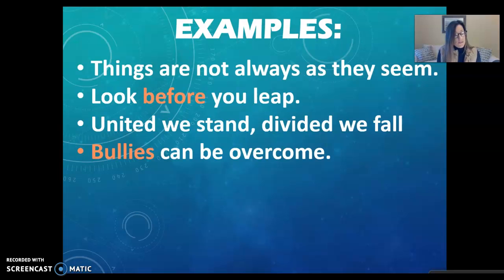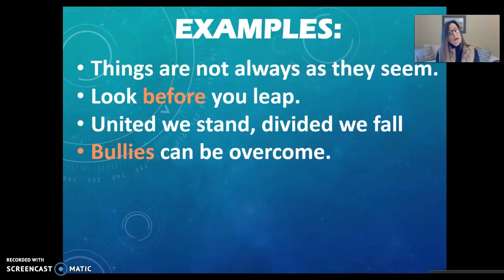United we stand, divided we fall, kind of meaning like working together rather than on your own sometimes is better. Sometimes that's the lesson we can learn from a story, just depending on what happens throughout the story. And then this last one, bullies can be overcome. Okay, this one may apply to, say, Tuesday of the Other June, the story that we read in class recently.